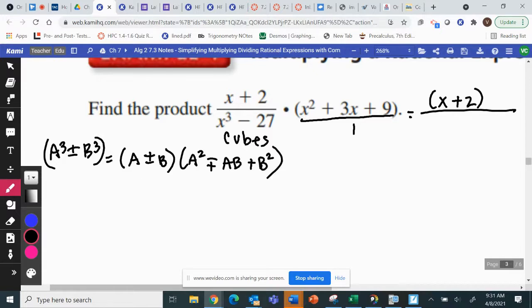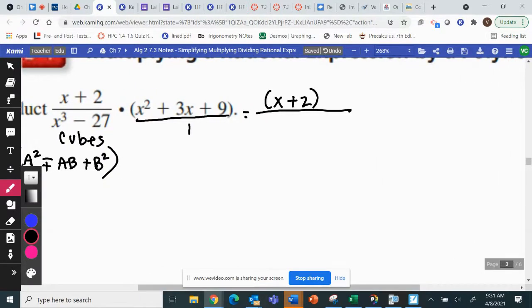Okay, so the denominator x cubed minus 27. Also, you could rewatch the video if you didn't get that down in time. X cubed minus 27 is going to become x minus 3 times x squared plus 3x plus 9.